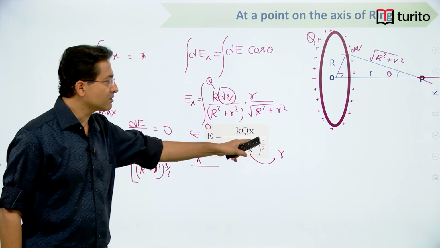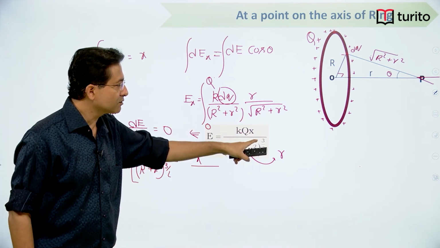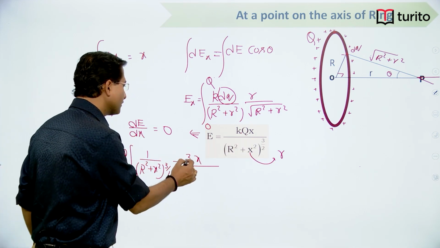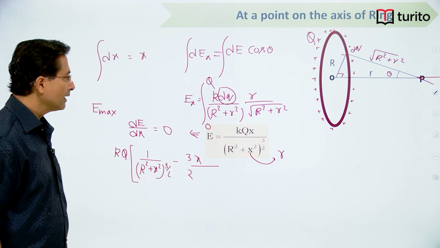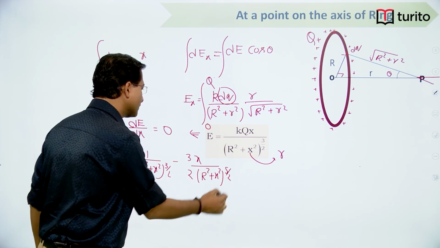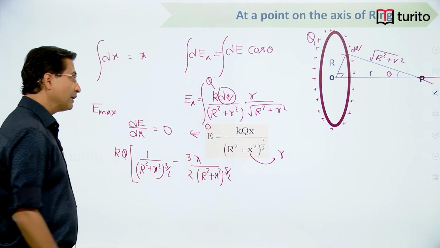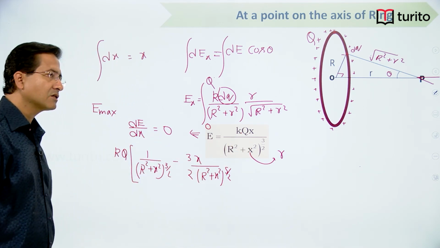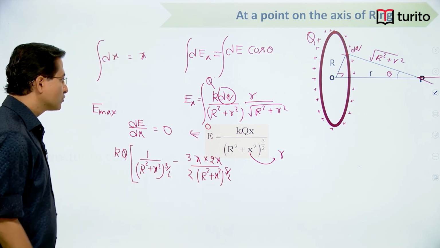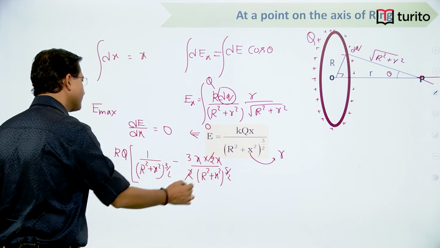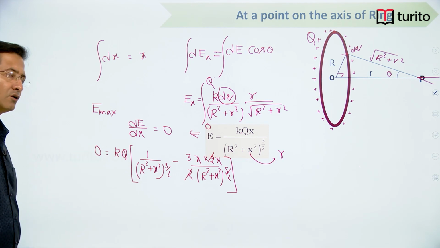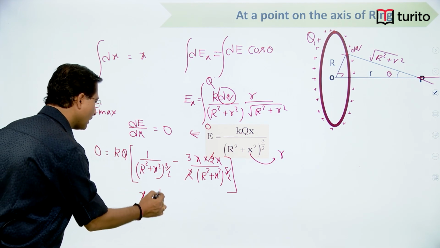Differentiating the power minus 3 by 2, 3 by 2 will come in front with a minus sign, and then this will become r square plus x square to the power 5 by 2, into the differentiation of x square. The differentiation of x square will become 2 times x. So, you can see this 2 and 2 will get cancelled out, and this we need to equate to 0. When you equate this to 0, you will get x is equal to r by root 2.